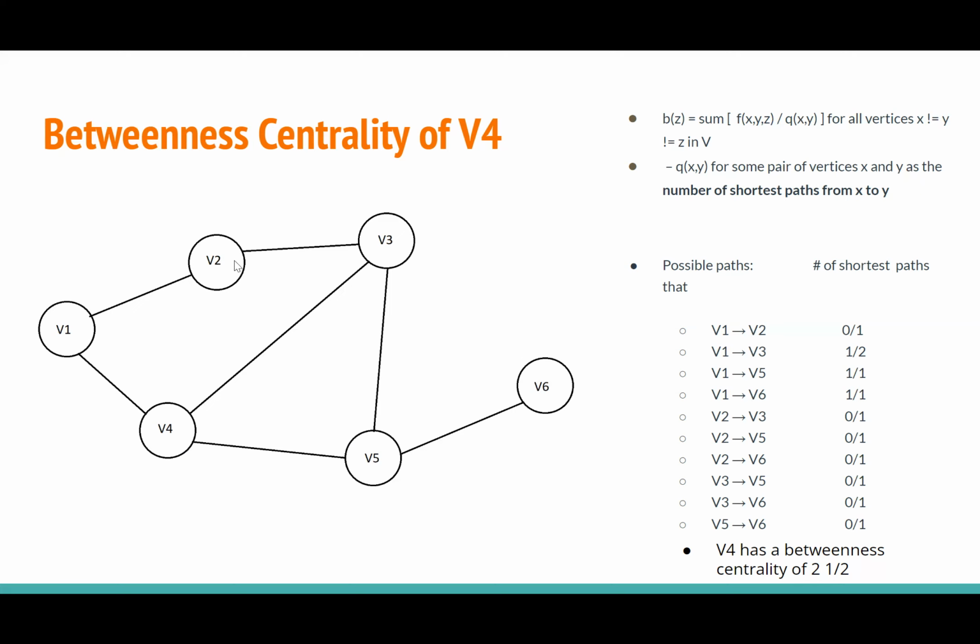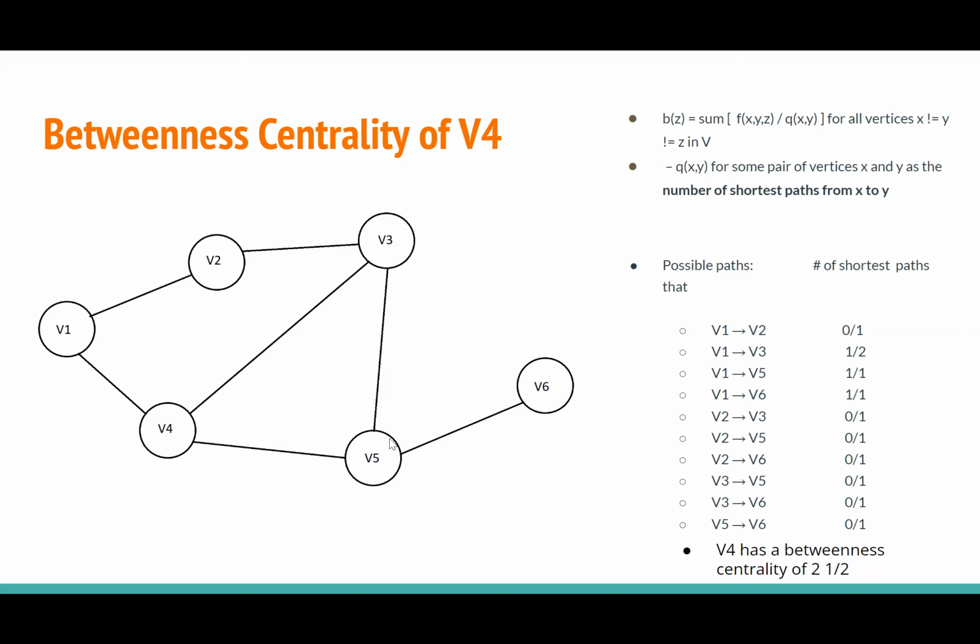Then from vertex 2 to 3, it does not include V4, and there's only 1, so it's 0 over 1. From V2 to V5, there's only one shortest path and it does not include V4, so it's 0 over 1. V2 to V6, again, there's only one shortest path and it does not include vertex 4, so it's 0 over 1.